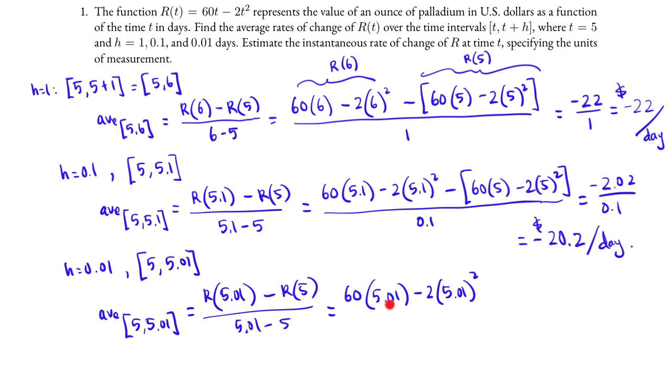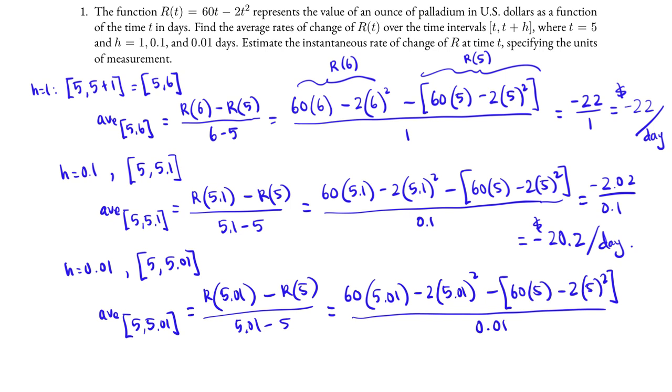We substitute 5.01 into the given function r of t, 60t minus 2t squared, minus r of 5, which is 60 times 5 minus 2 times 5 squared, inside the bracket. The denominator is now 0.01.